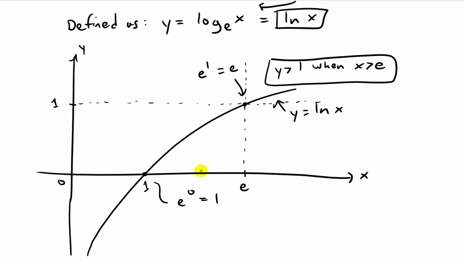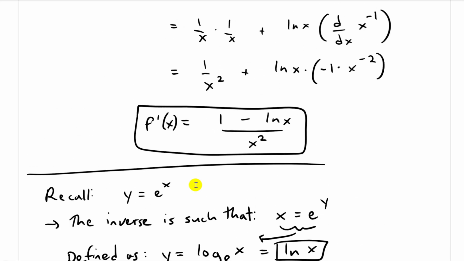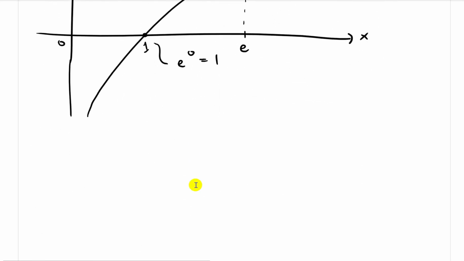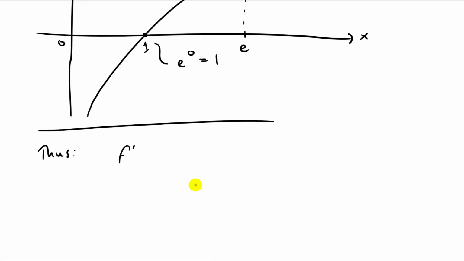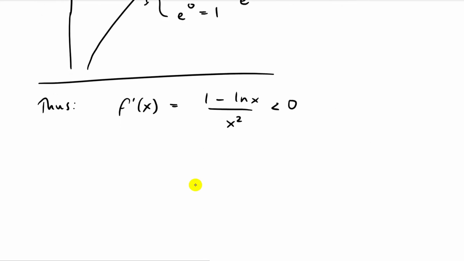Keep drawing more and more lines like that. Yeah, so thus, let's just write this down. So that's the derivative. Thus, the derivative f prime of x is equal to 1 minus ln of x over x squared. This is going to be less than 0, or decreasing. Yeah, decreasing when we have that.